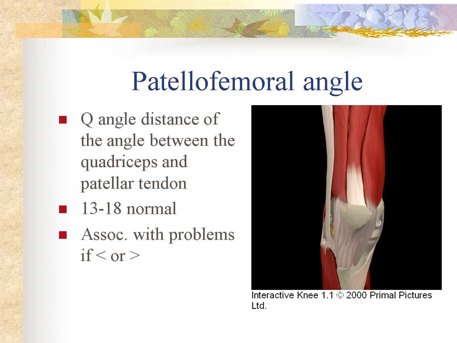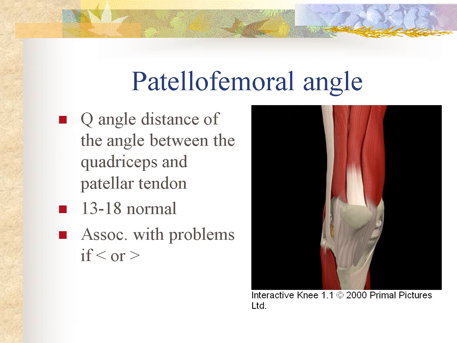The patellofemoral angle, which is also known as the Q angle, which stands for quadriceps, is an angle that is measured between the line of attachment between the pelvis and where the quadriceps muscle, the rectus femoris, comes down and attaches at the tibial tuberosity.